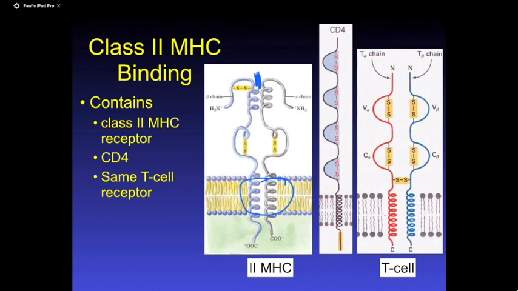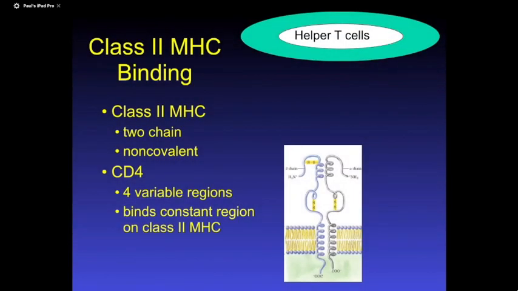And it's presenting. On the helper T cell, there is a receptor and a CD4 protein. That is important. So this is the last thing. I'm presenting an antigen. The peptide came from a virus.